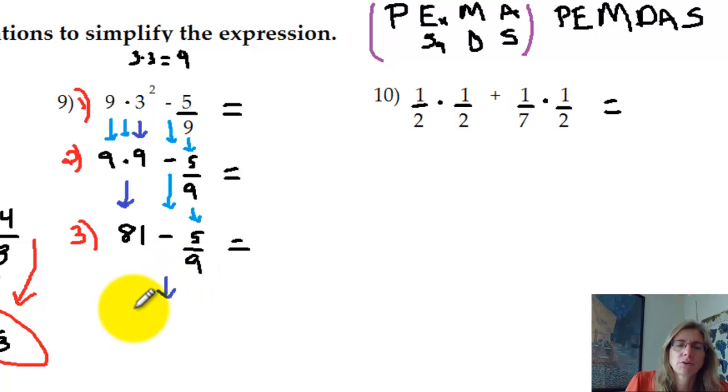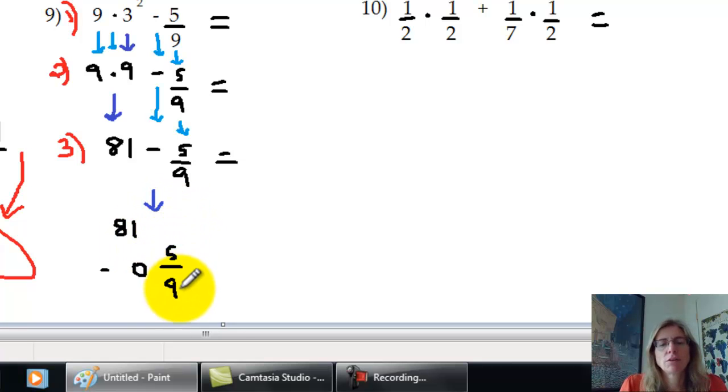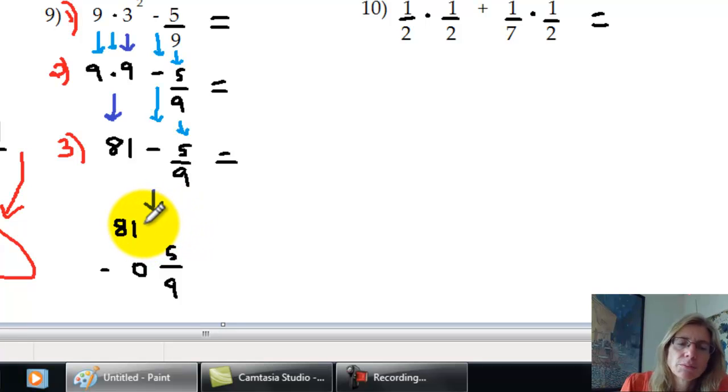I'm going to make it a vertical problem. 81 minus, and then 5/9. We can subtract 0 from 81, but we cannot subtract this 5/9 from 0. It doesn't work. So we have to borrow from the whole number.